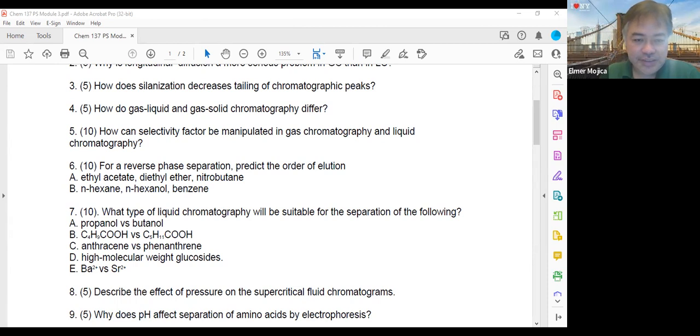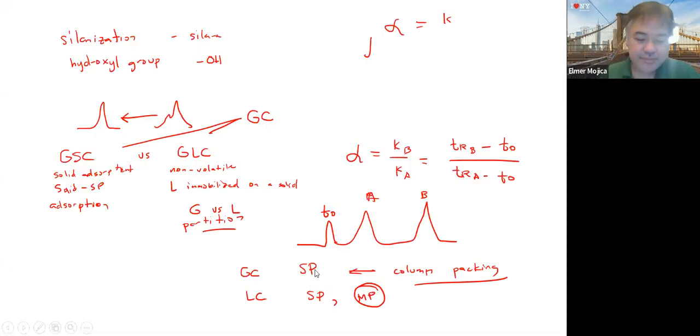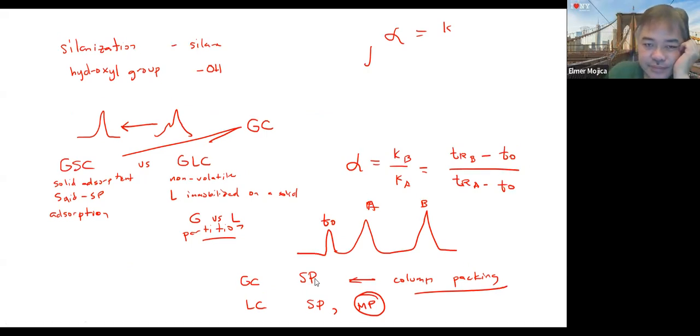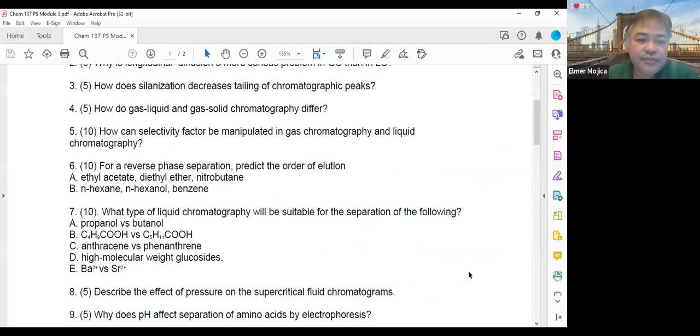So let's go to the next one. Sige nga, try nyo nga to for a reverse phase separation.